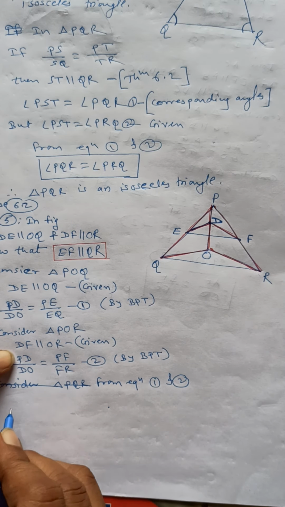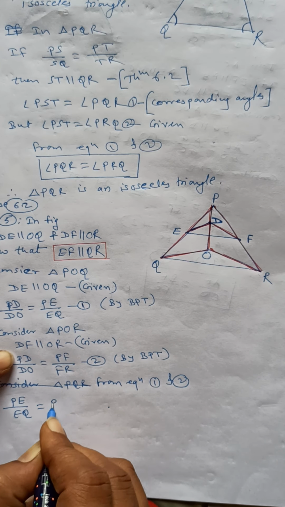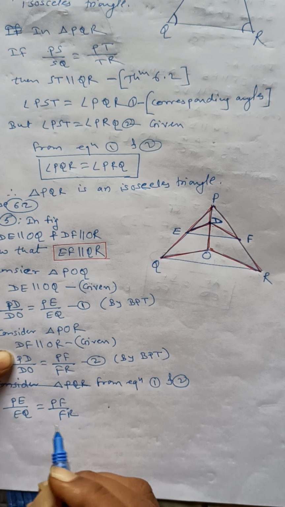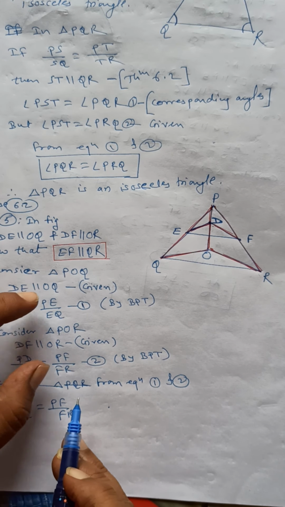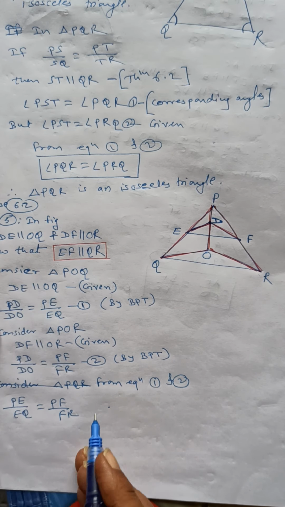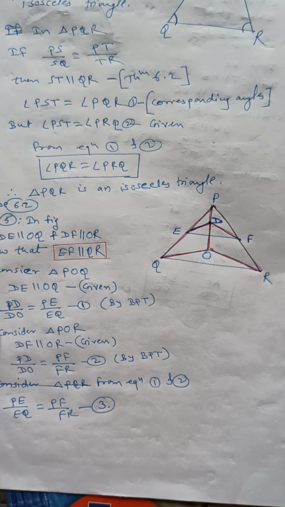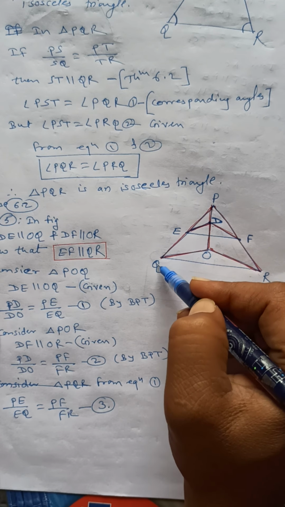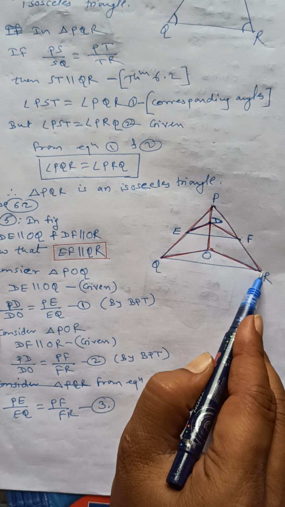So from 1 and 2 we can say that PE upon EQ is equal to PF upon FR. Left hand side is equal, so that's why the right hand side is also equal. This is equation number 3. So PE upon EQ is equal to PF upon FR.